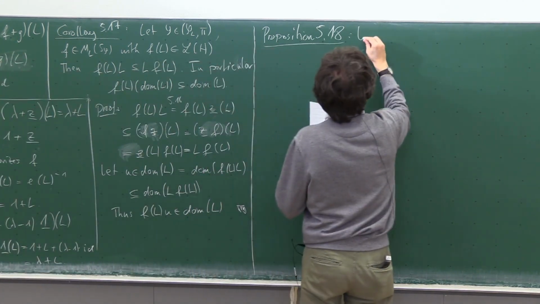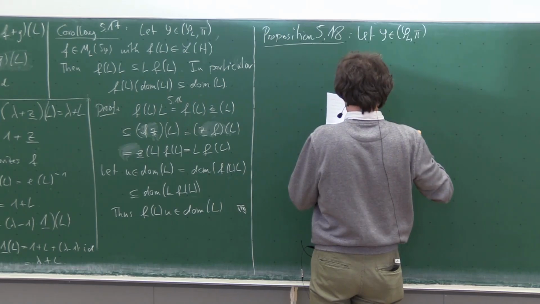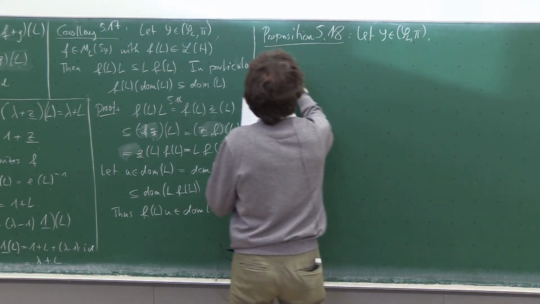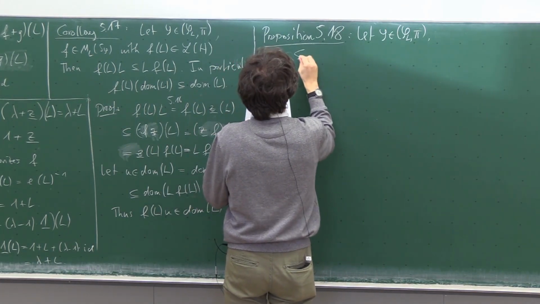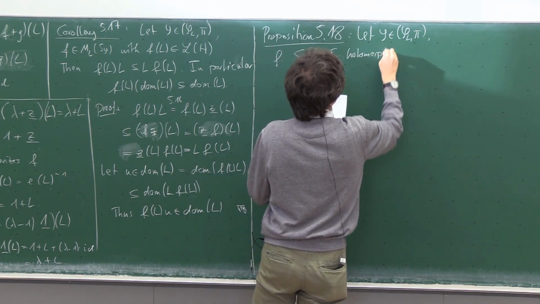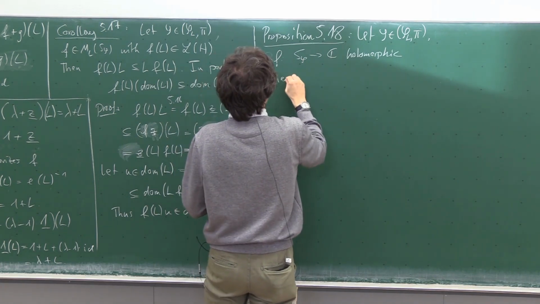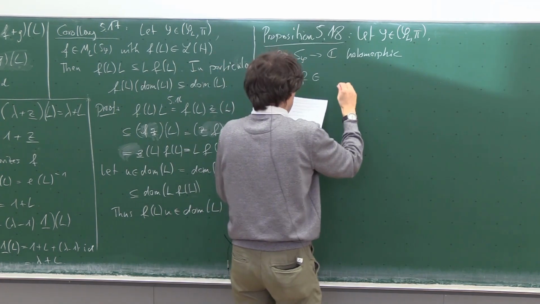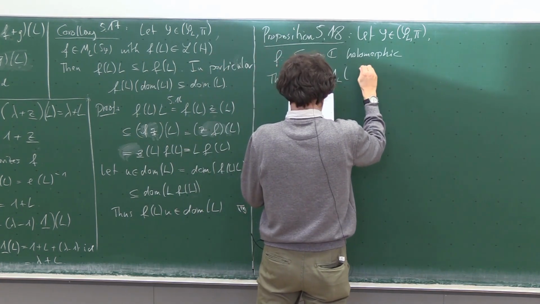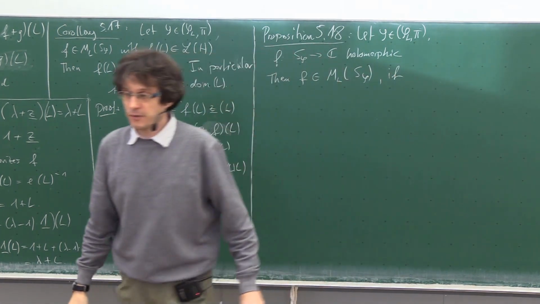Okay, so take some angle phi bigger than the sectoriality angle. Take some holomorphic function on the sector. So at the moment only holomorphic. And then you can be sure for your function f to be regularizable if, and now there are two cases.